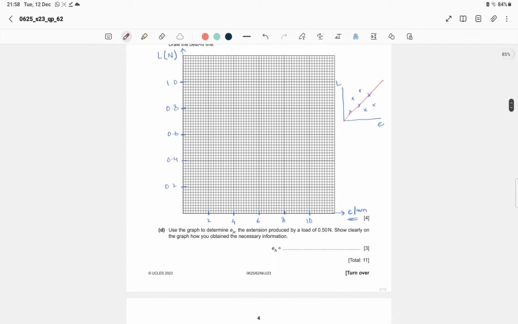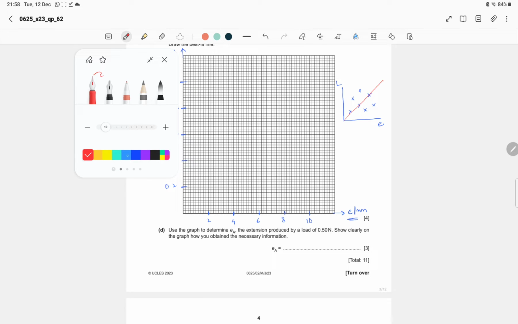Okay, so use the graph to determine E A, the extension produced by the load of 0.5 Newton. Show clearly on the graph how you obtain the necessary information. So basically what you need to do is, I'm going to change the color to purple.